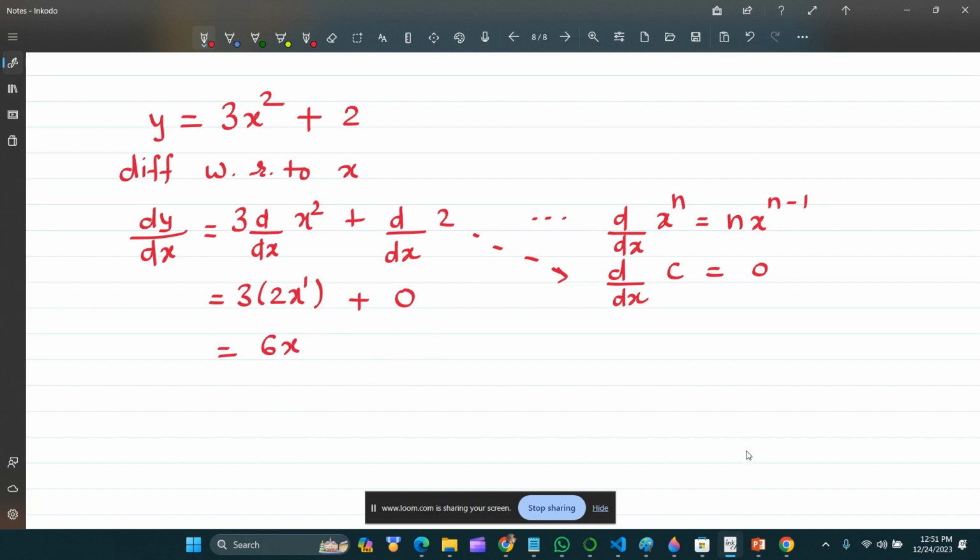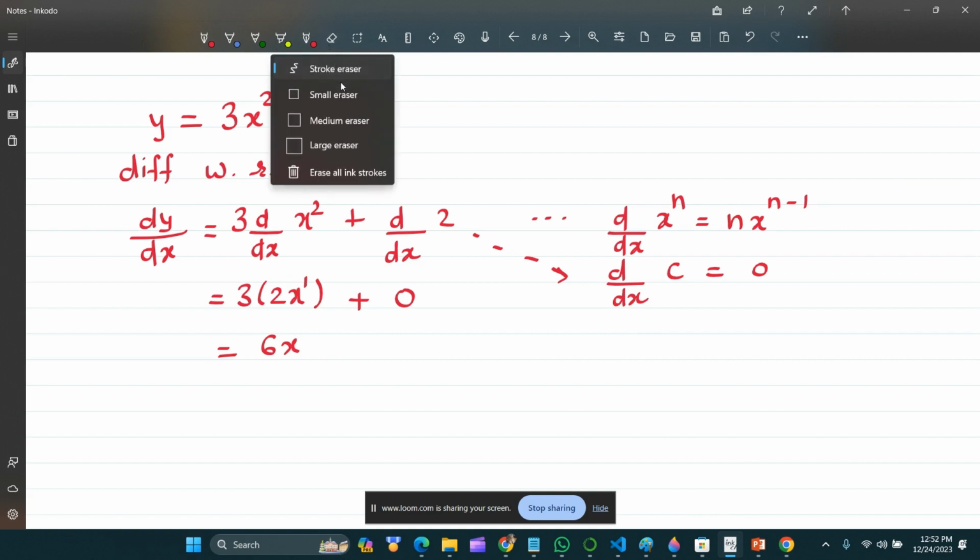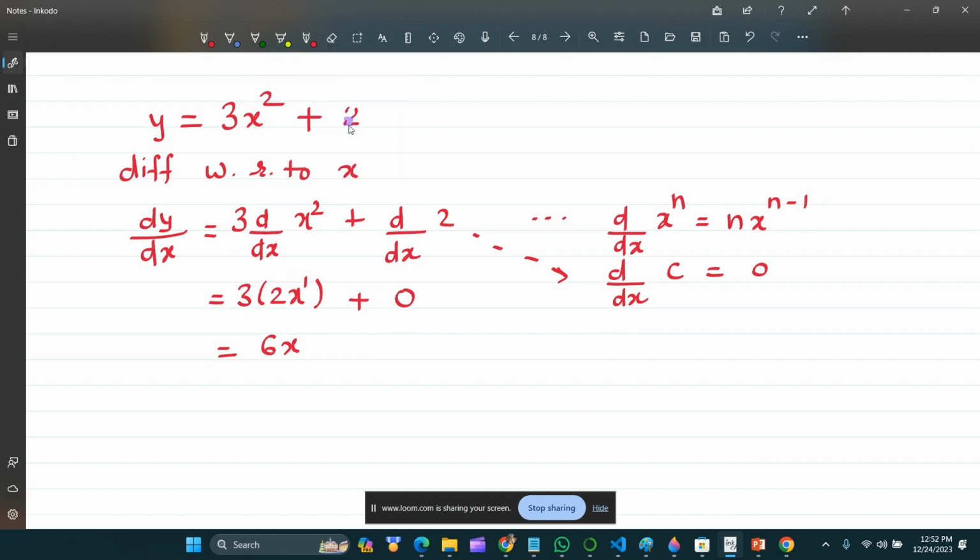Now I will show another interesting example. If I delete this 2 and instead take this number as 12, the process is the same.